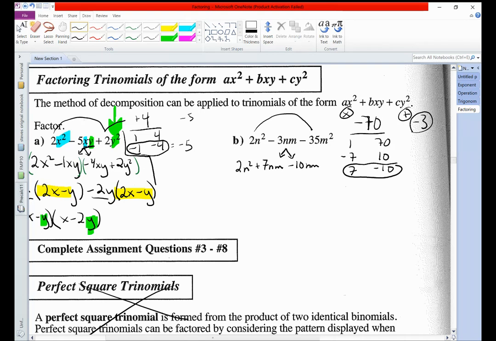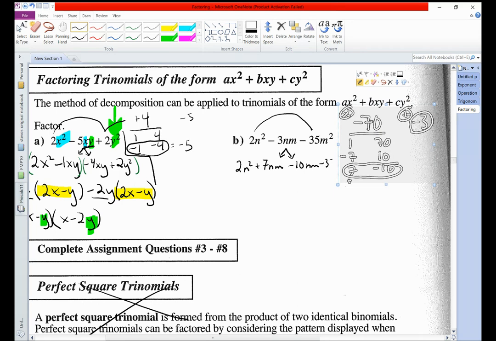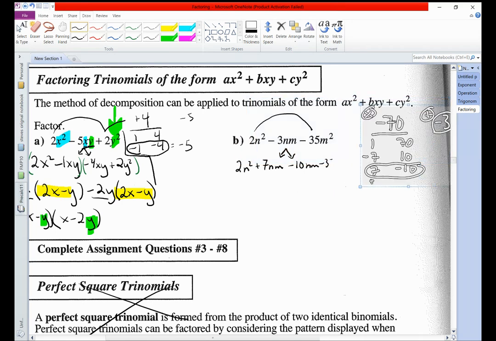That's a plus now because our 7 is positive, minus 35m squared. Again, now we're going to group the first ones together, group the second ones. I probably should have done this opposite, but that's okay. Should still work.